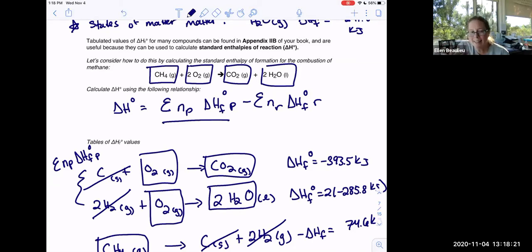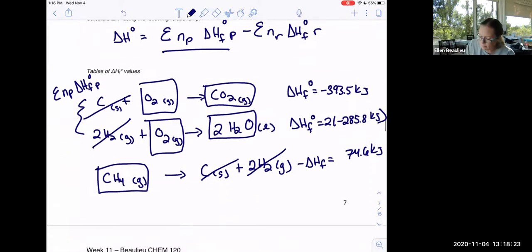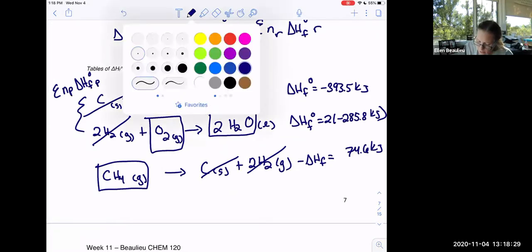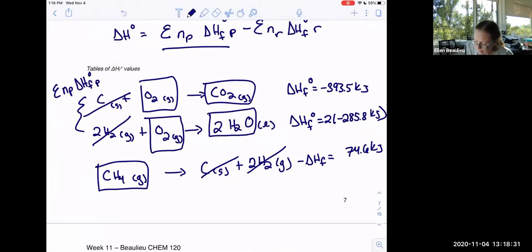So I could add 0, but it's already there because it's defined as how these reactions come together. So if I wanted to do the contribution on the reactant side of oxygen, I would do 2 times 0, which is 0. Delta HF for oxygen is 0.